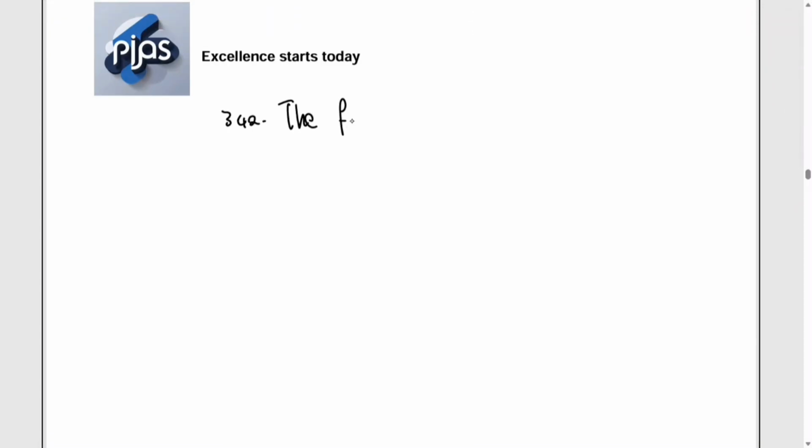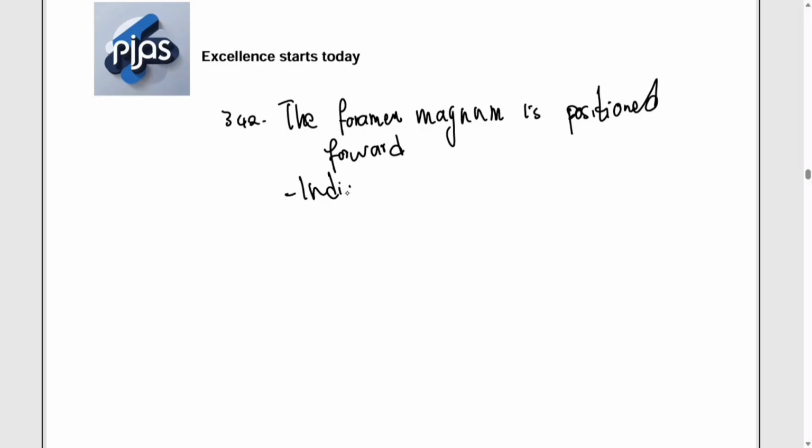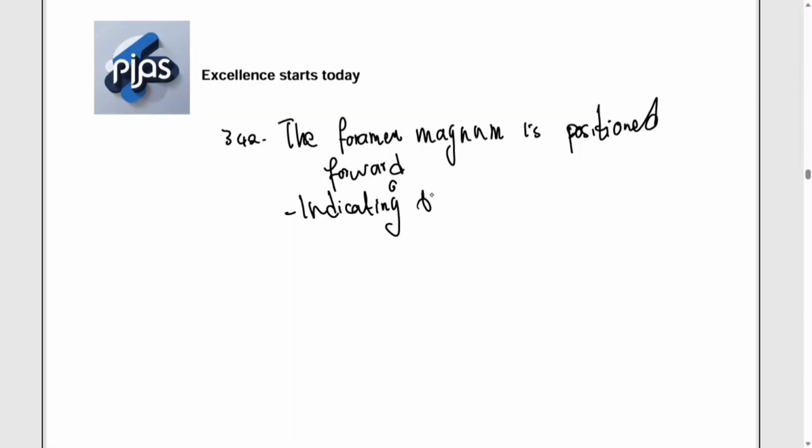The foramen magnum is positioned forward, indicating that organism C is bipedal. Why is it bipedal?